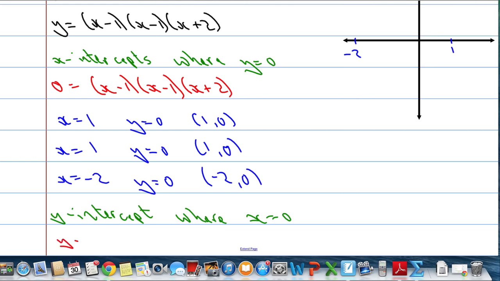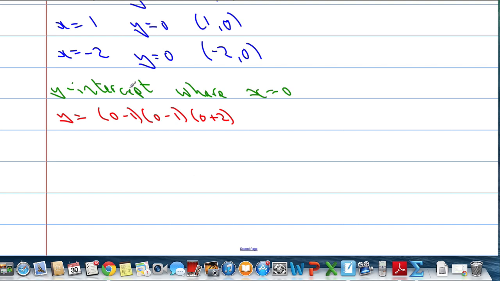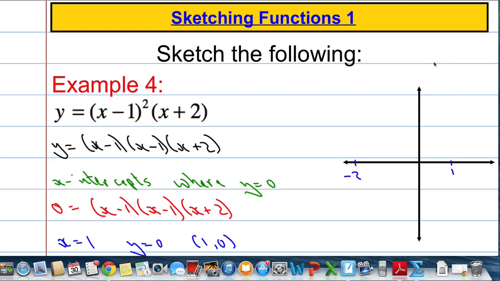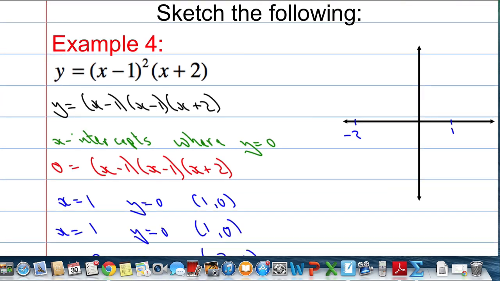So we get y equals (0 subtract 1) times (0 subtract 1) times (0 plus 2). So we get -1 times -1, which is +1. +1 times +2 is +2. So when x equals 0, y will equal 2. Okay, let's go back up to our function. When x equals 0, y will equal 2. So somewhere up here.